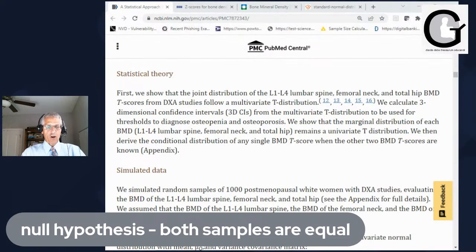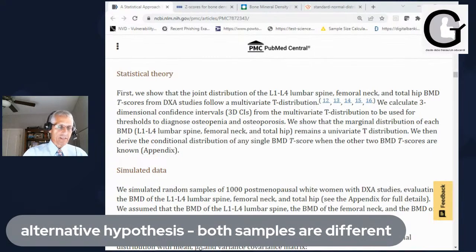Alternate hypothesis, or alternative hypothesis, however you want to say it, I've seen it used both ways, means that both samples are different, and in different ways. It could be one sample is greater, one sample is less. That shows what they call an effect.